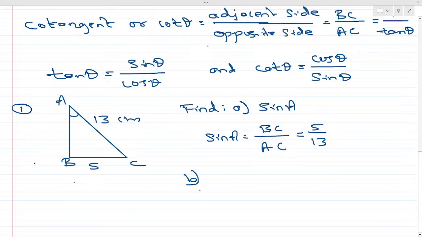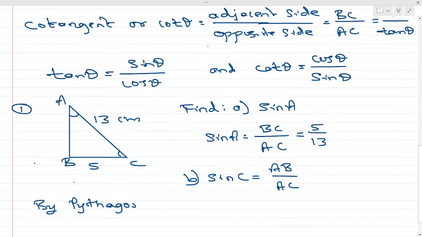Question B here is sin C. Sin C means I have to look from this side. The opposite of that will be AB divided by hypotenuse AC. But I don't have the measure of AB here. Since it is a right angle triangle, I can apply the Pythagoras theorem. AC square is AB square plus BC square.